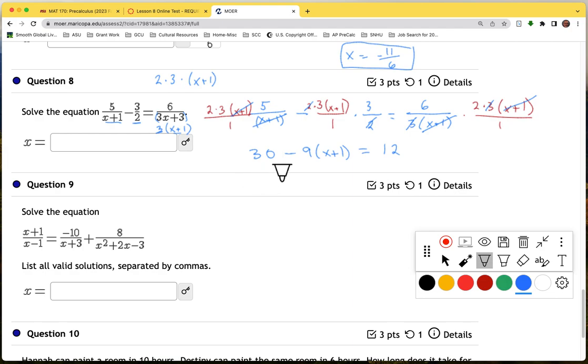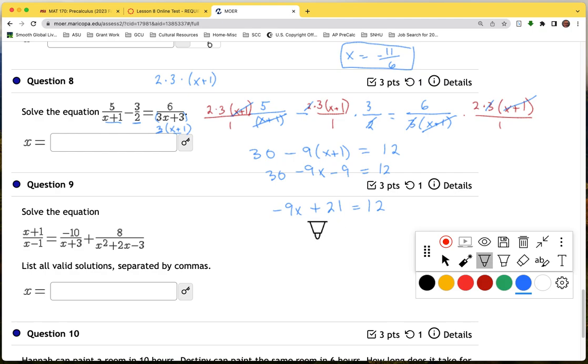So let's go ahead and distribute the 9. That'll be negative 9x minus 9. Here's our 30 out here, equals 12. 30 minus 9 is 21. So we get a plus 21.